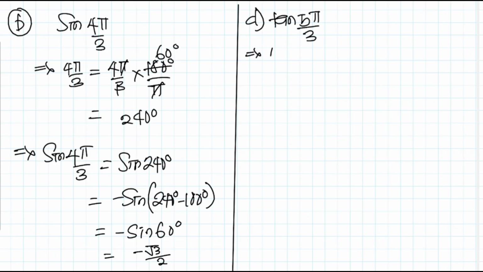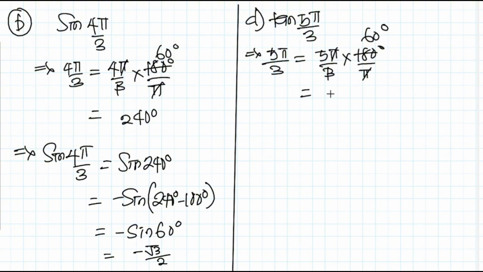So 5 pi over 3 equals 5 pi over 3 times 180 degree over pi. So pi cancels pi. 3 here, we have 60. So 5 times 60, that will be 300. So this will be equal to tan 300. Okay, 300 is in the fourth quadrant.